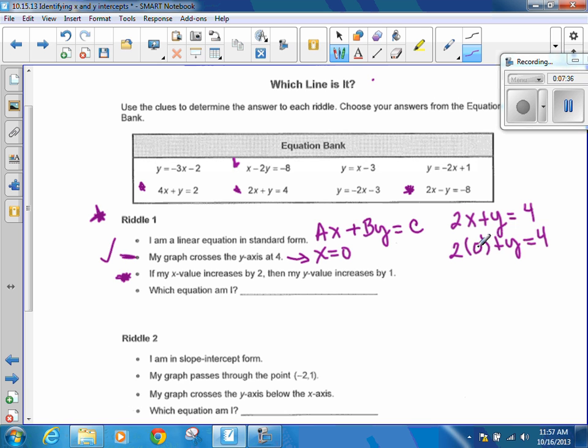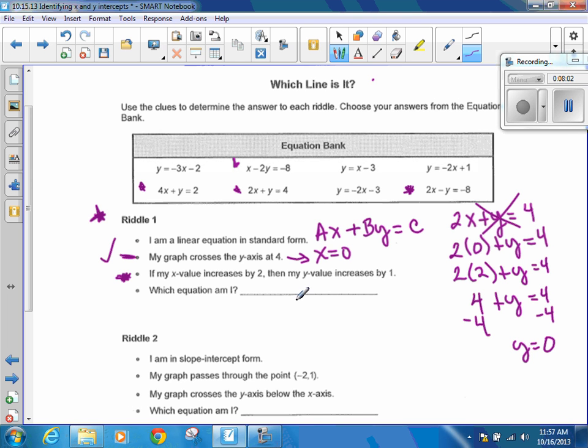Well, we plugged 0 in for x, so let's plug 2 in for x. 2 times 2 is 4, plus y equals 4. And then I have to subtract 4 on both sides to figure out what y is. Y equals 0. Did it increase by 1 if we went from 4 to 0? No, that cannot be the equation.